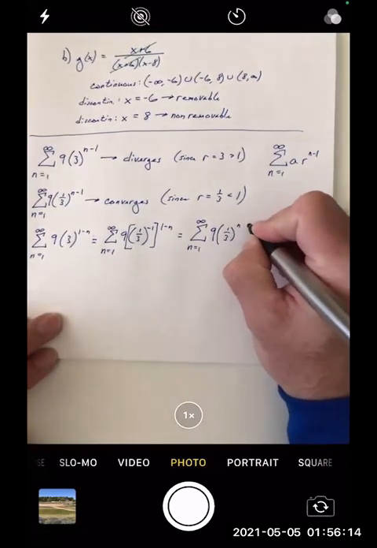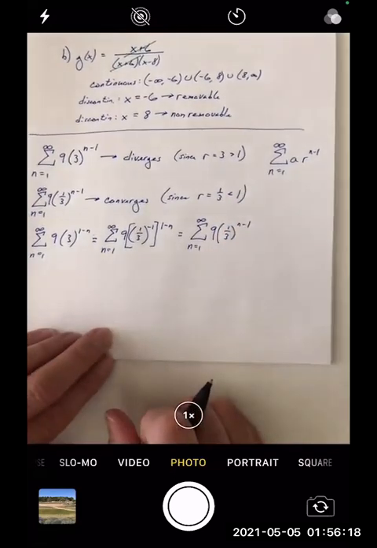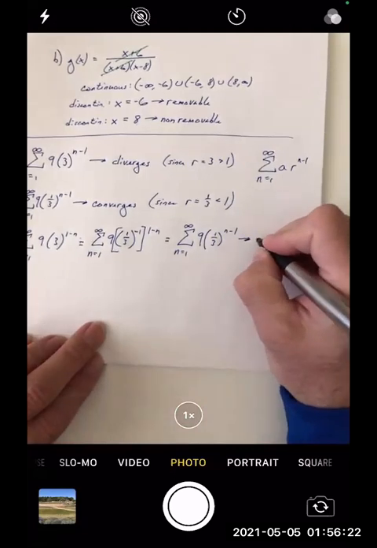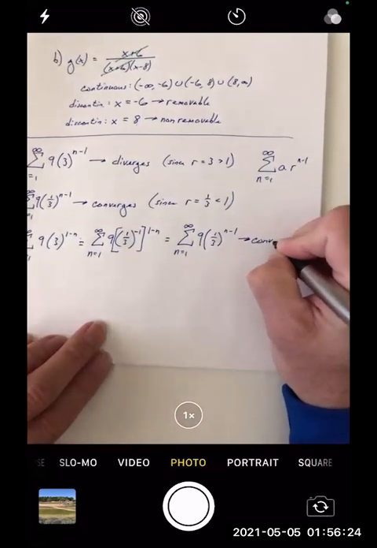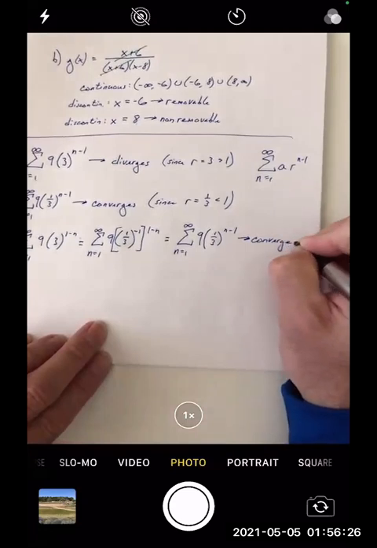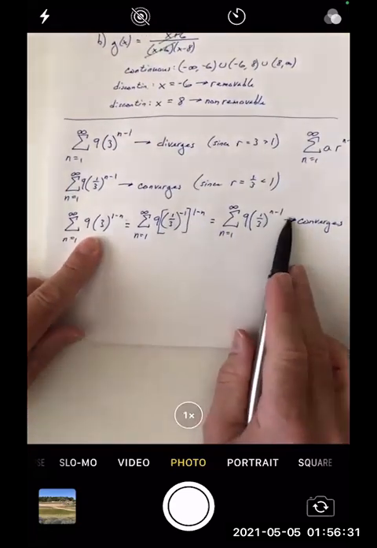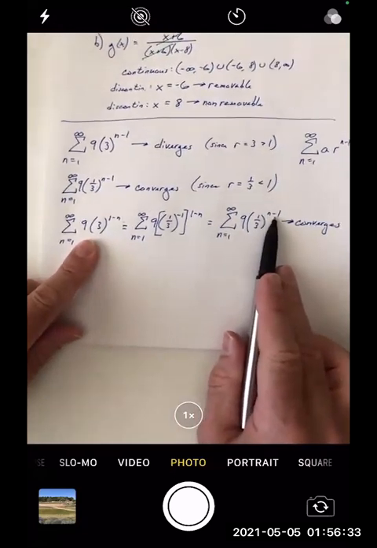So the n is now positive, the 1 is now negative. And now you know it converges. So if your exponent is backwards from what you want it to be, you've got to take the reciprocal, and then that'll flip your exponent to that proper format.